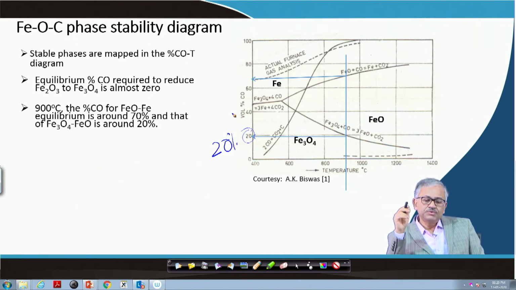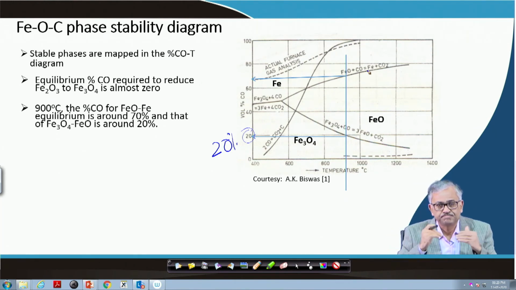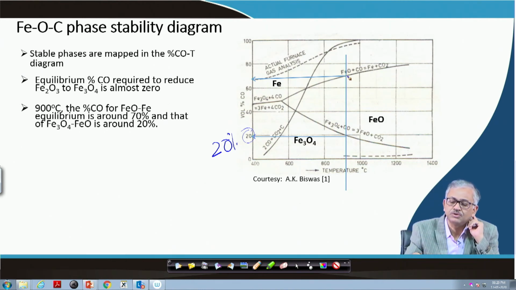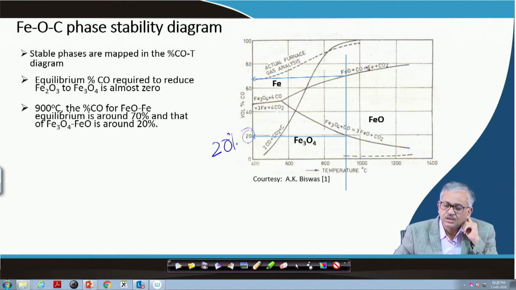So, if in the CO-CO2 mixture volume percent of CO is 70%, then FeO and Fe will be in equilibrium. If you exceed that volume percent of CO beyond 70%, then only you can reduce FeO to Fe. So, it means you can utilize only 30% of the CO for reducing FeO to Fe.